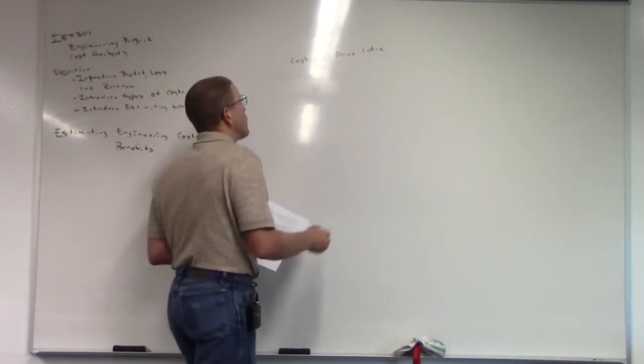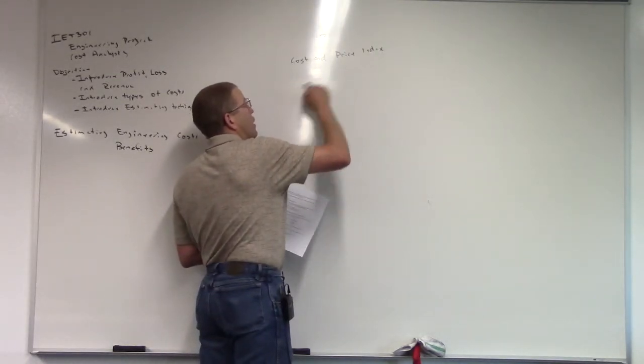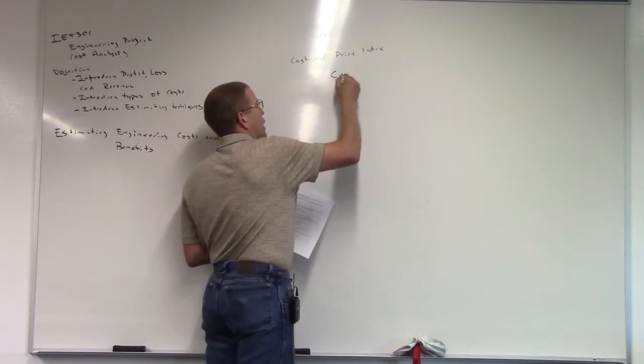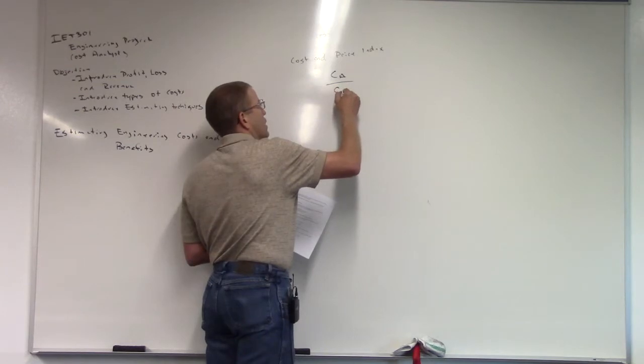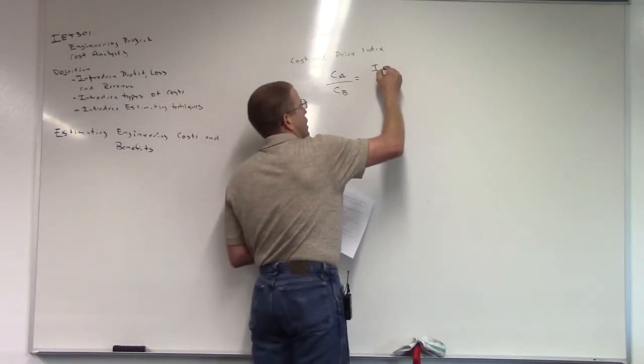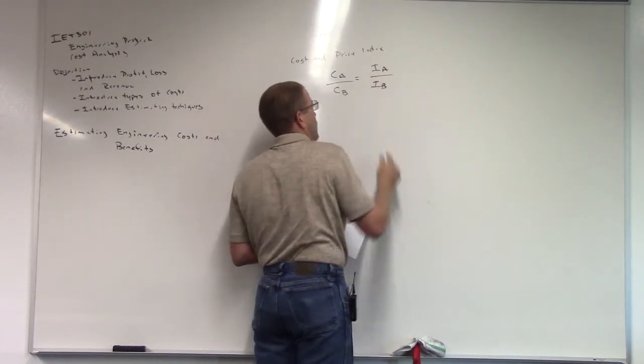If we have a product with a price index associated with it, we can say that the cost at time A compared to the cost at time B is equal to the index assigned to that product at time A versus the index assigned at time B.